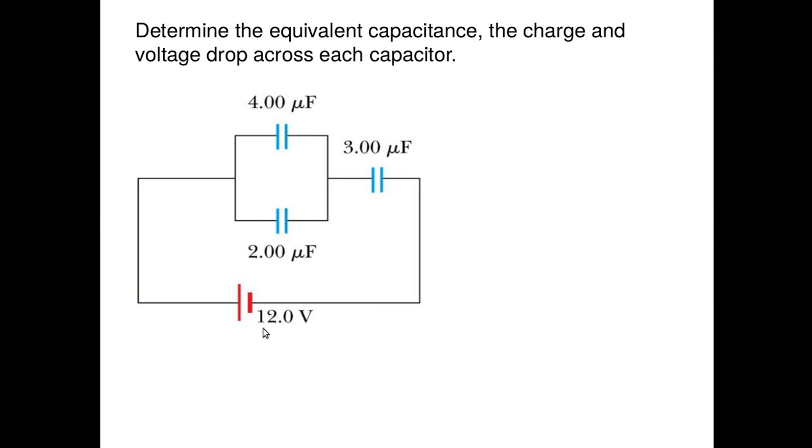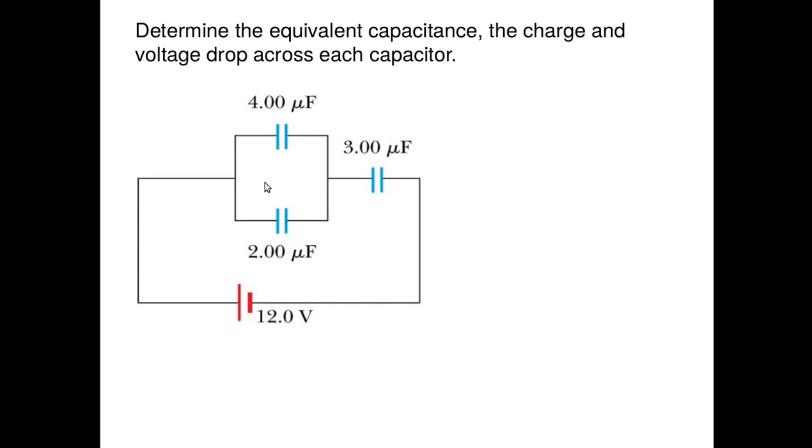So in this diagram, I've got a 12-volt battery that's connected to 3 capacitors. So I've got a 4 microfarad capacitor, that's 10 to the -6, a 2 microfarad capacitor, and a 3 microfarad capacitor. The first thing I notice, I like to use this as my first example, is I have 2 capacitors in parallel.